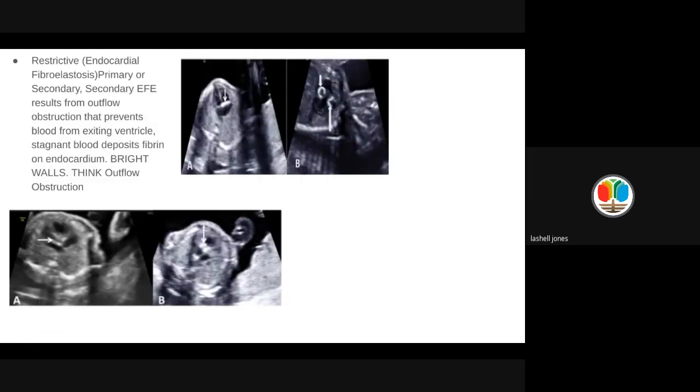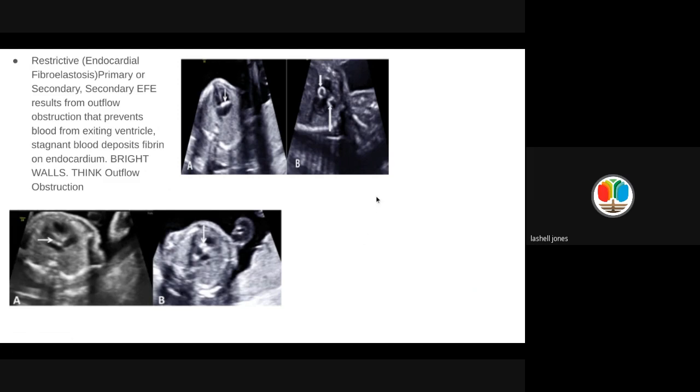So with restrictive endocardial fibroelastosis, this is either primary or secondary. It results from some kind of outflow obstruction, okay, that prevents the blood from exiting the ventricle. So the blood is kind of stagnant. Think of it like it calcifies, sits around, so it gets stagnant.